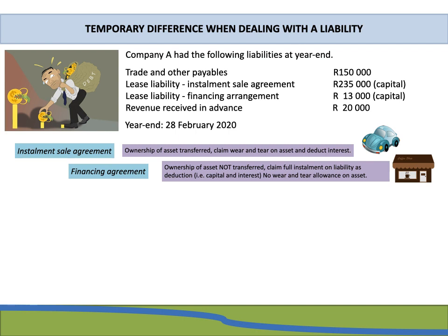So, an example of this would be where, let's say, company A is going to rent a new premises from which they're going to run their business, but they have no intention of actually buying this property.